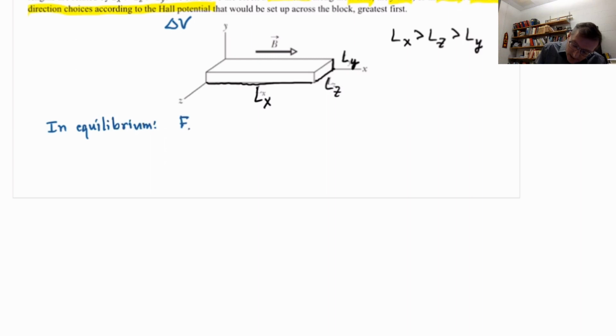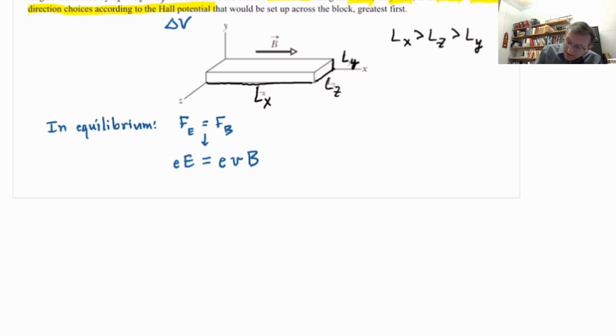So the magnitude of the electric force on a conduction electron will equal the magnitude of the magnetic force. And that will mean the magnitude of q, let's just call that little e, the magnitude of the charge of an electron, times the magnitude of the electric field that's been created inside the conductor because of this motion, will equal, again, the magnitude of q, times the v that I'm moving this block at, magnitude, because that's how fast the conduction electrons are moving, times the magnitude of B.